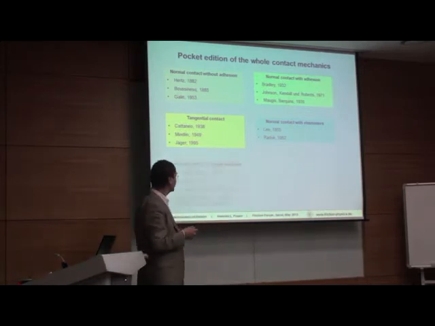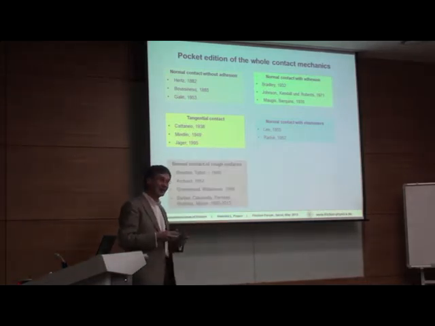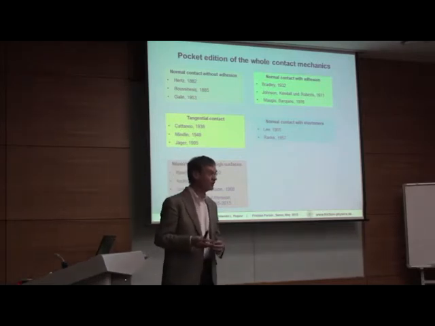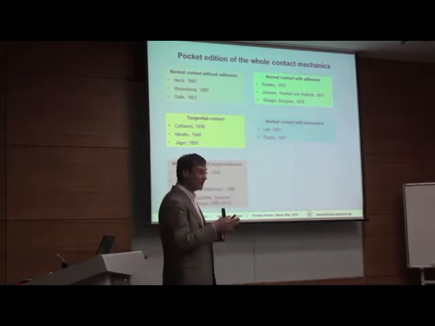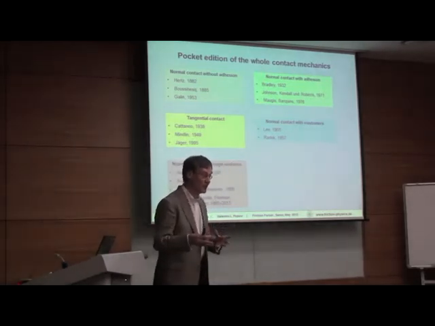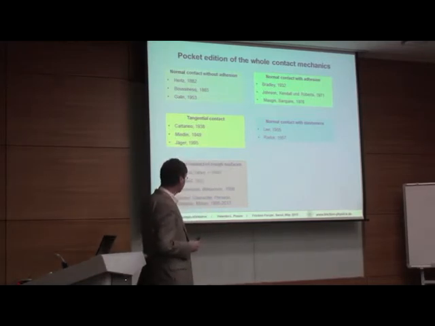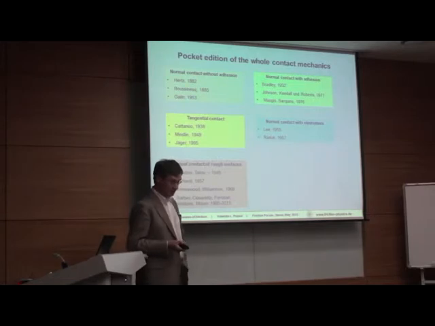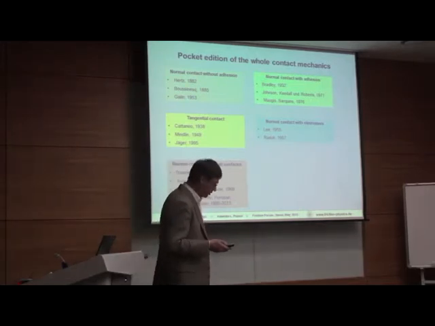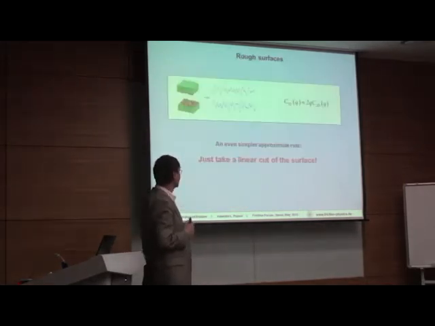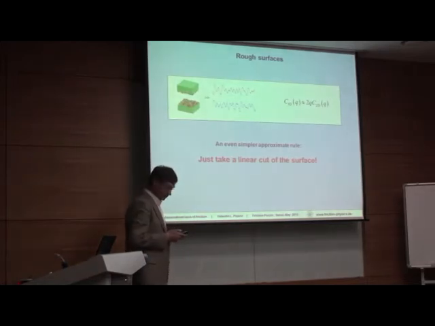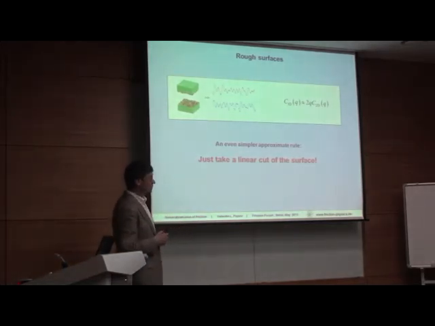So even if one says there is nothing new in this, of course there is something new, and this is the rough contact. Not really new, but very rough contacts are much more complicated to simulate than bodies of revolution, and this method can also be applied to this sort of surfaces.